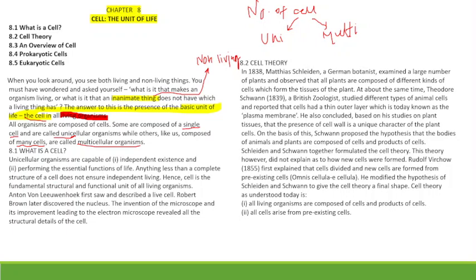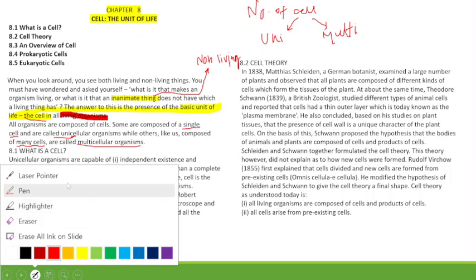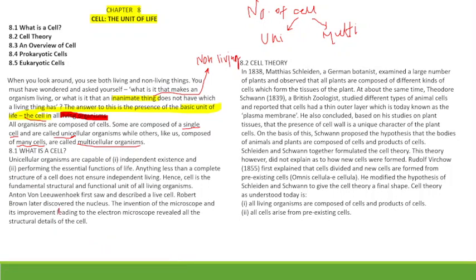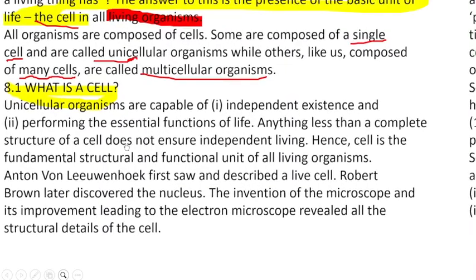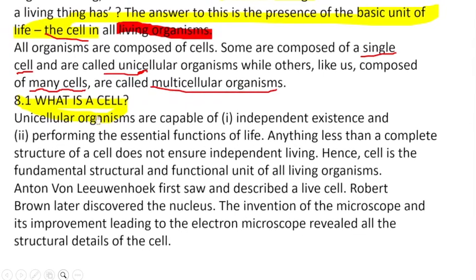Then what is a cell? So now we are going to see what is the meaning of a cell. So unicellular organisms are capable of independent existence. Let's zoom it out, so now you can see clearly.